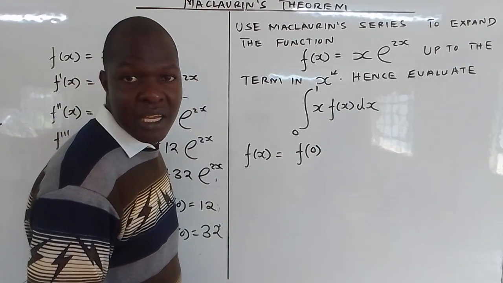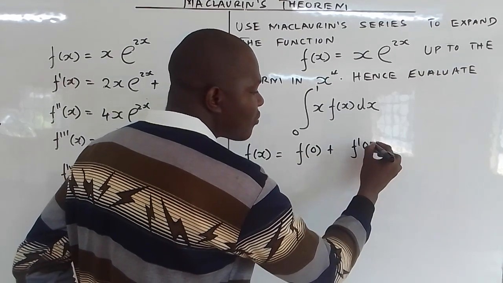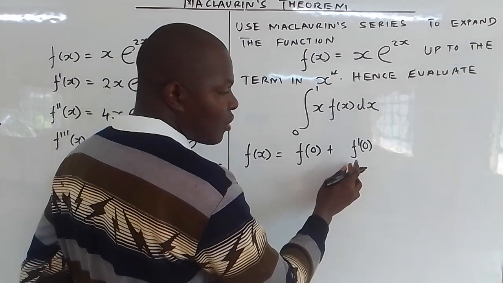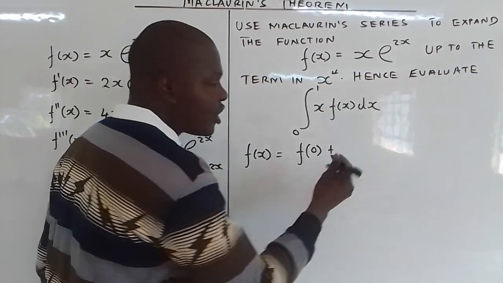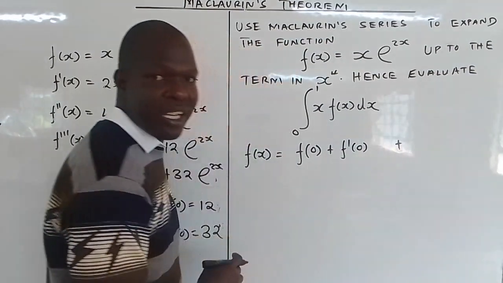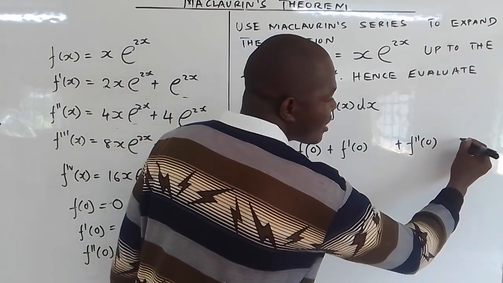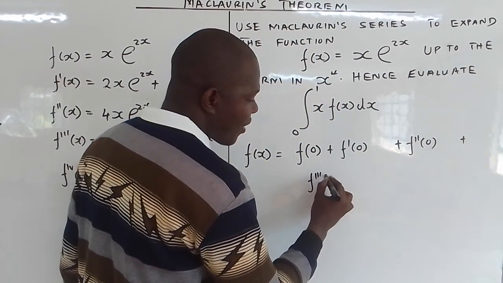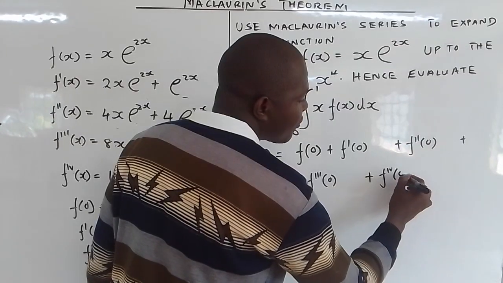Are we together? Then plus, you differentiate it for the first time. Look here. This is f of 0, then you differentiate it for the first time, you leave a space where we are going to put something. Then you differentiate it for the second time, you leave a space, then plus, you differentiate it for the third time, you leave a space, then plus, you differentiate it for the fourth time, you leave a space.